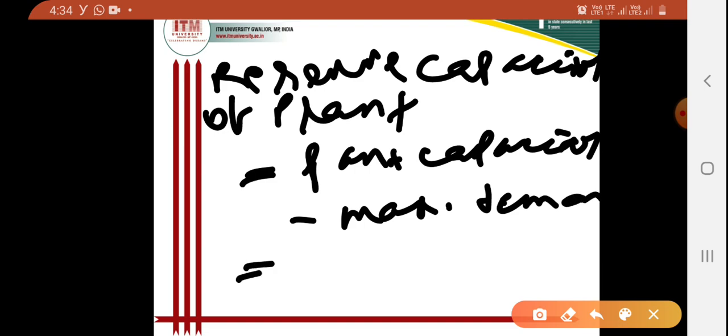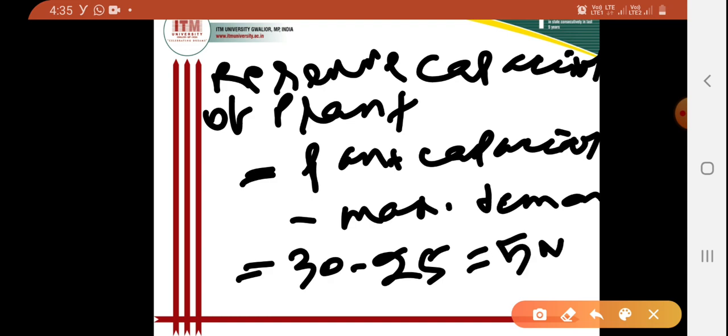So it can be written as 30 minus 25. Our maximum demand is given, that is 25 megawatt, and the plant capacity was calculated as 30 megawatt. So our reserve capacity will be 5 megawatt.